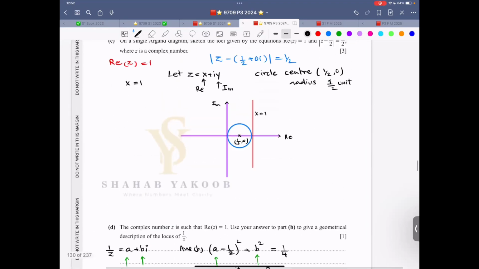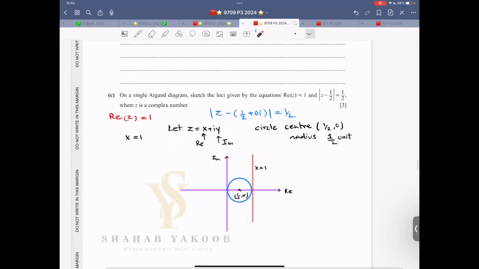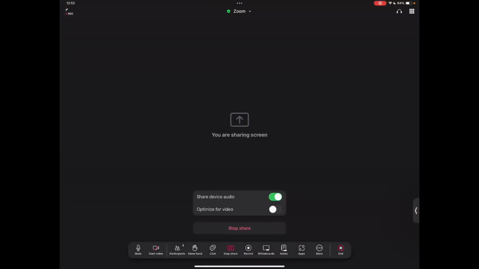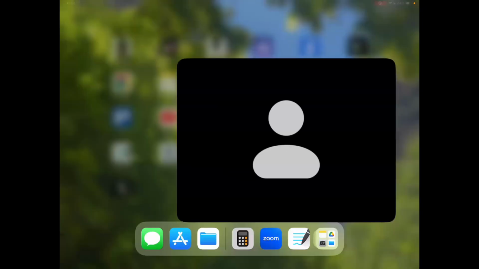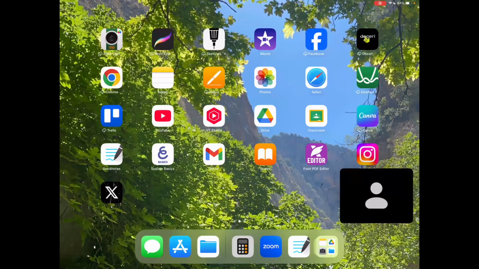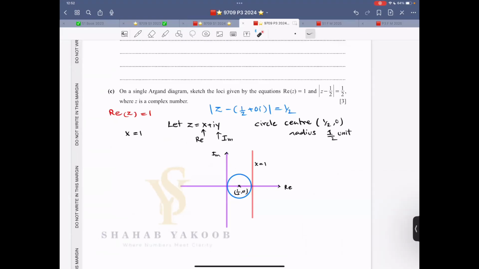So now coming back to part C, it says on a single Argand diagram, sketch the loci given by this equation. Which equation is that? That is real part of z is 1, and this thing right over here, where z is a complex number.